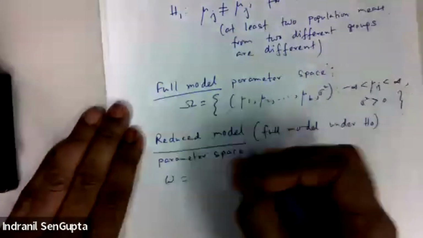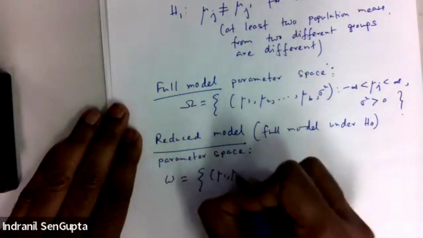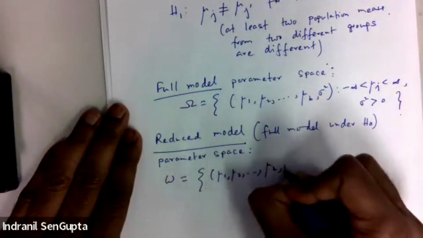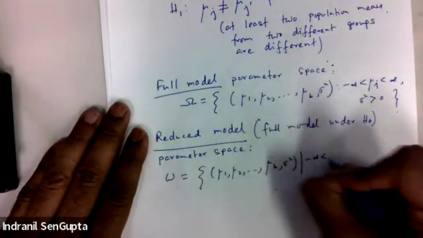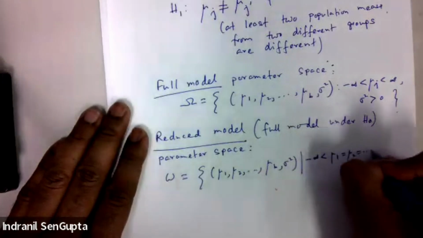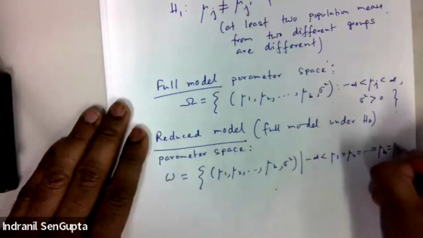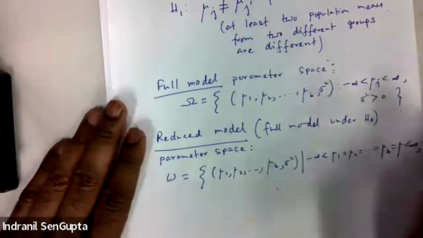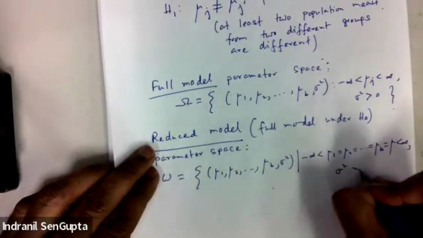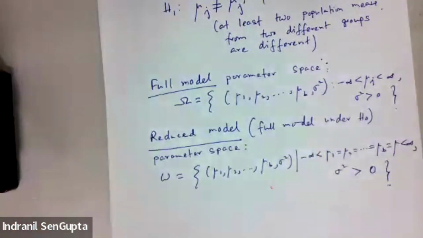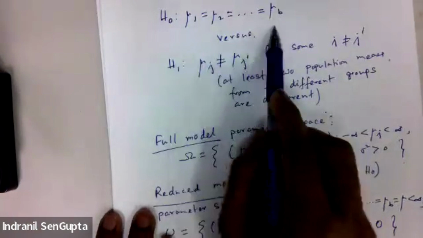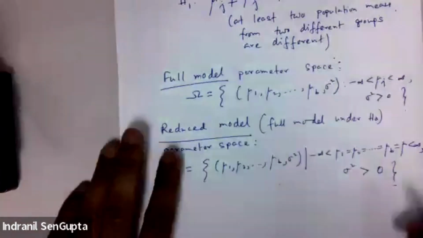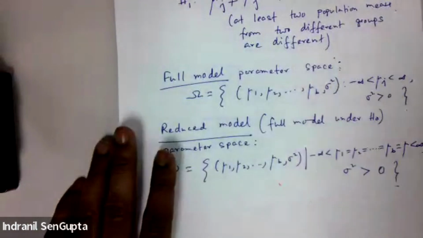So this is once again mu1, mu2, up to mu b, and sigma squared, but all my mu's are equal, and we call it mu. And then there is sigma squared. So that's my reduced model, or when the null hypothesis is true. Under the null hypothesis, we assume that for different groups, the means are the same, right?